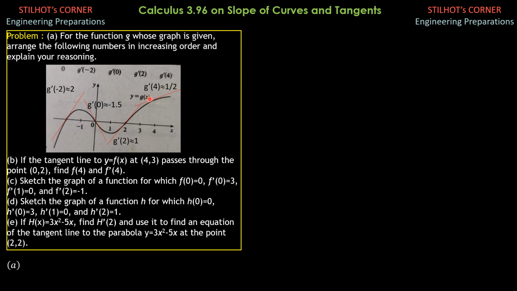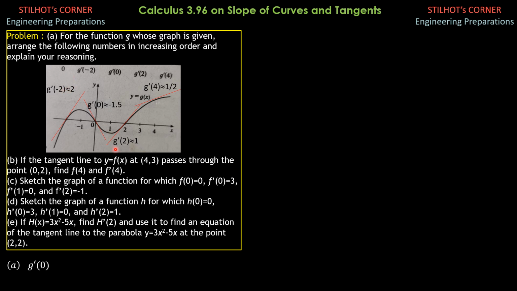So therefore, we can now arrange these values in increasing order. So there's a negative value, which is -1.5. So that should be the first, and there's only one negative value in the representation, and therefore the next value will be 0.